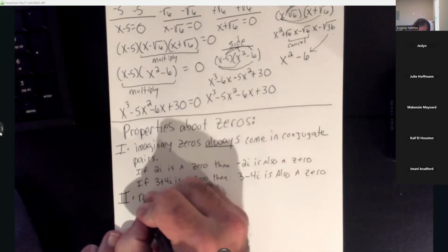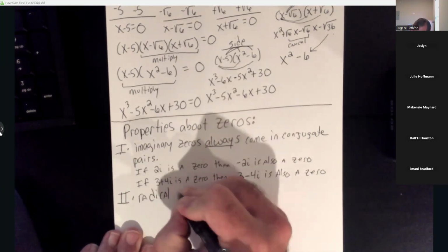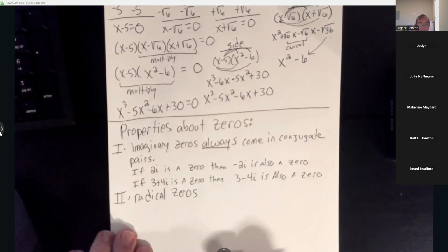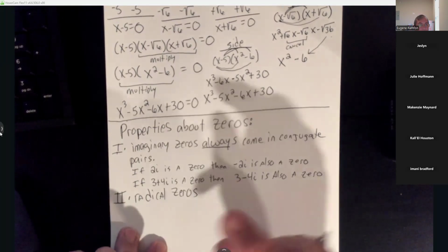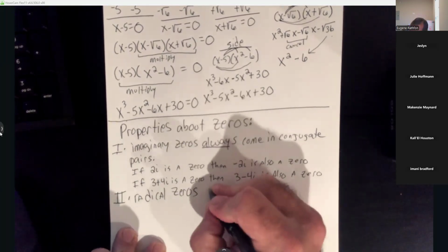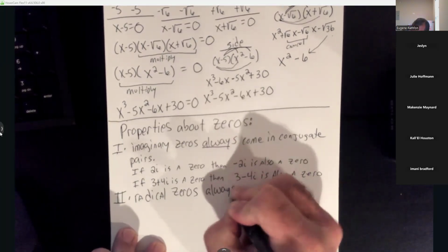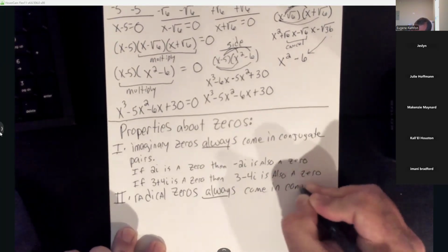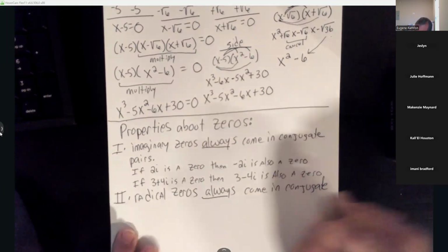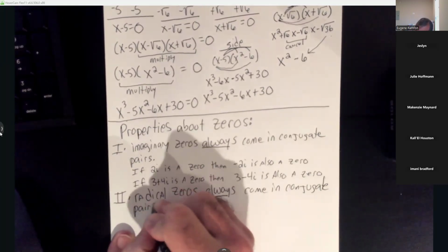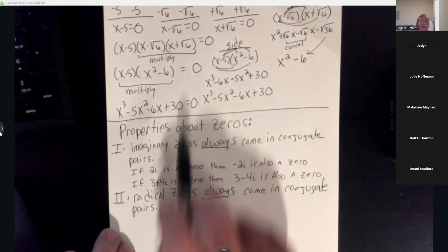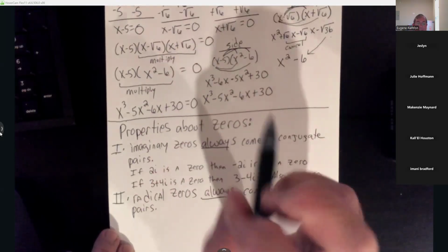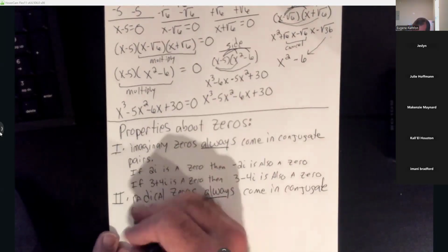What about radical zeros? Well, guess what, y'all? Radical zeros always come in conjugate pairs. That's why in this one we had the square root of 6 and the negative square root of 6. They come in conjugate pairs.